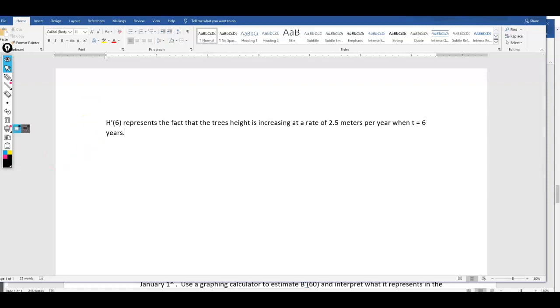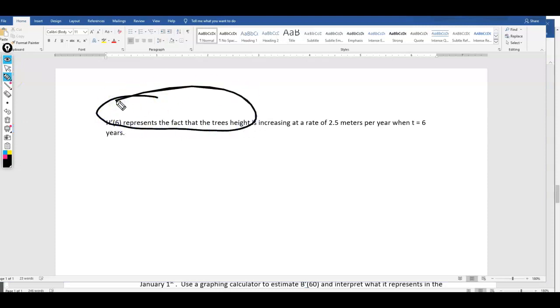Okay, so in that one expression right there, we have the context, talking about the tree's height increasing. We have the output units and we have the input units. That's a proper explanation of what a thing represents. So when they ask you to explain what something represents, that's how you do it.